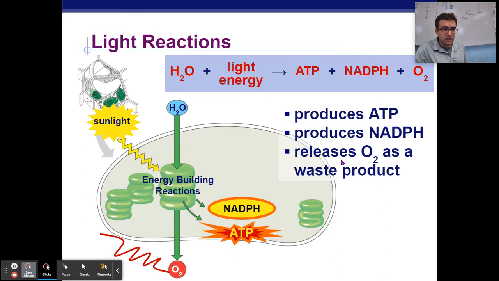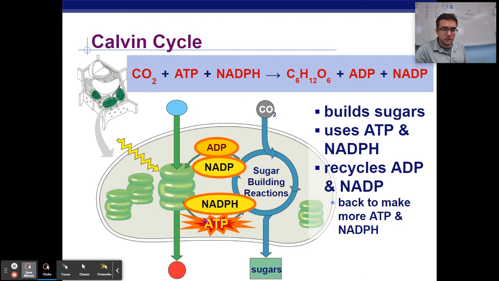If we were just looking at the light reaction, water plus light will give us ATP, NADPH, and oxygen. Oxygen is released as that waste product. Then the ATP and the NADPH are going to move to the Calvin cycle, where they're going to build the sugar.